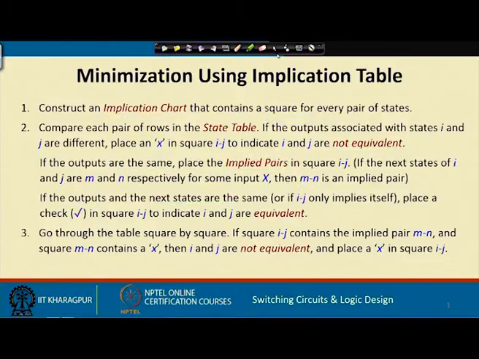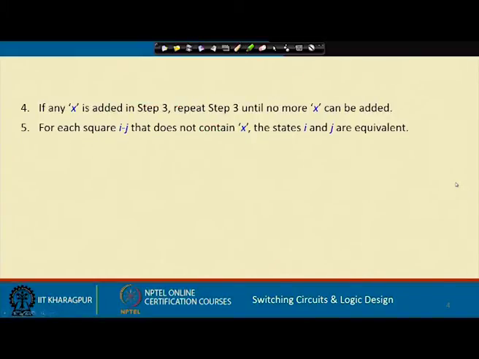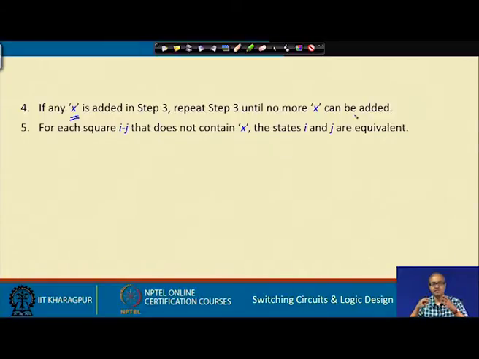Then after you have done it once, you will have to repeat it. If you find that in the previous step you have added some x, then you will have to repeat the process until no more x's can be added. So, you understand this is an iterative process, not a one time process.